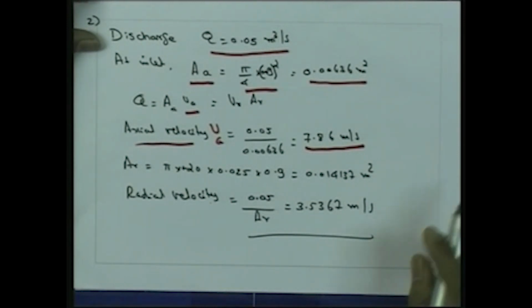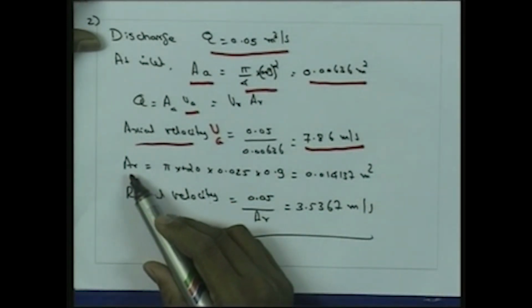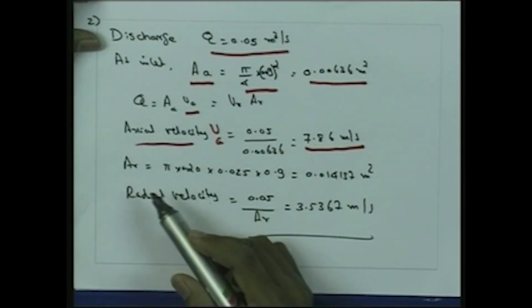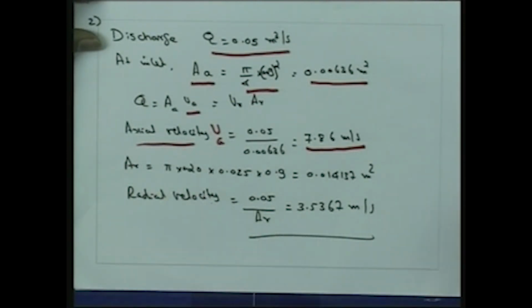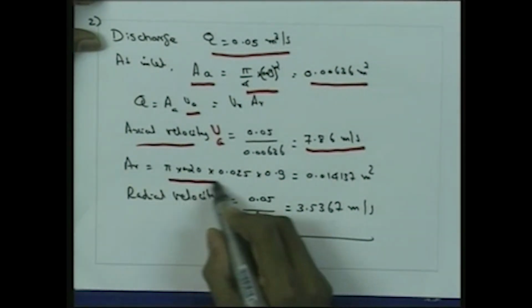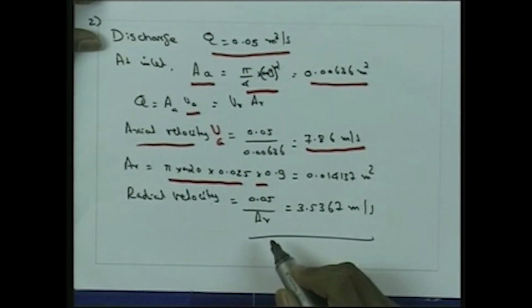Now to find the radial velocity, we can calculate the effective area with respect to the outlet. Since 10% of the outlet area is occupied by blades, we can find the effective area by taking the diameter of the impeller.